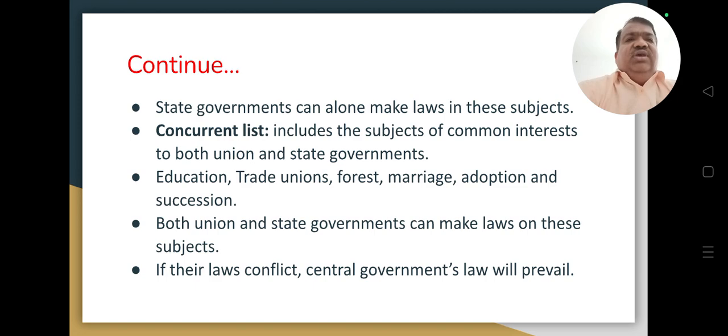But if there are laws which conflict, which are against each other, from the central government and state government, the central government's law will prevail and the state government's law will be cancelled.